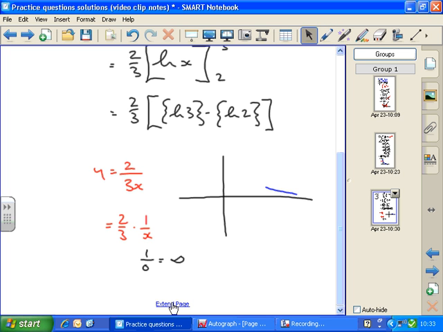So as we approach the origin coming from the right, y gets bigger and bigger and bigger and actually approaches infinity here. As soon as we go negative, again, a negative, very, very small number gives a number approaching infinity. So this comes up from infinity and effectively does this. So this curve does this.